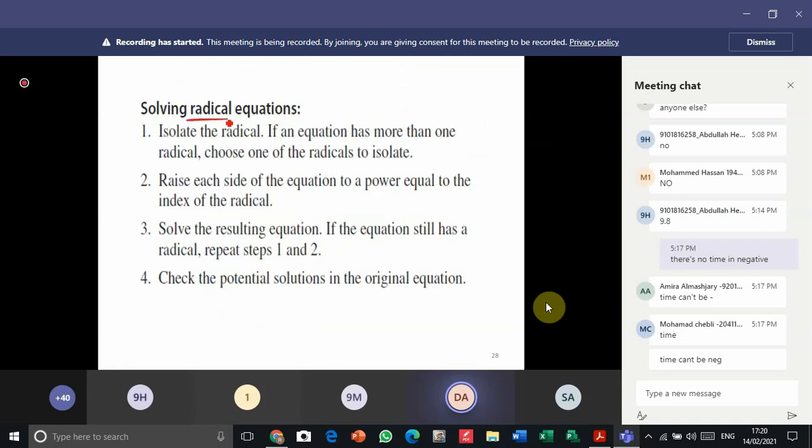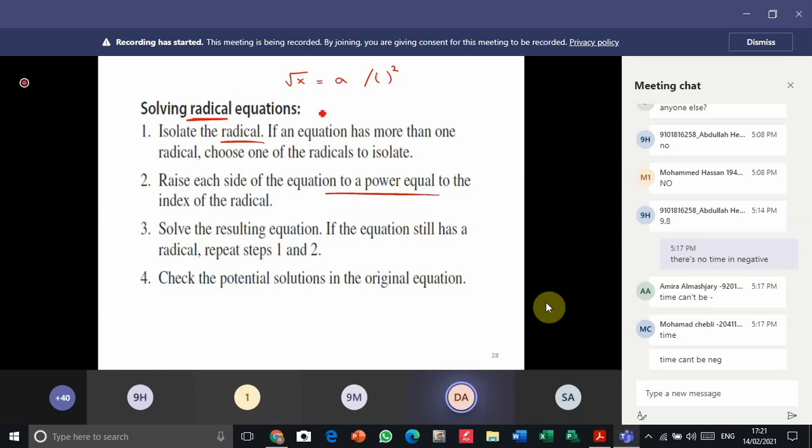Sometimes we have a radical. If we have a radical, firstly put the radical on one side and any numbers on the other side. Now take the power for both sides. If we have a square root of x equal to a, take the square for both sides.